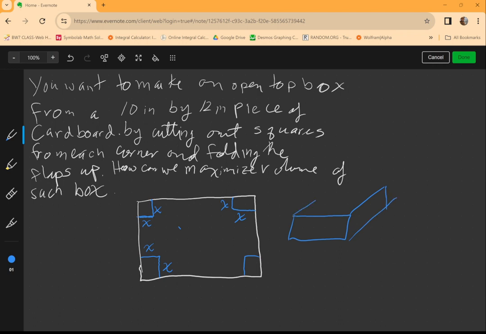And here it's up to me to decide how big these cutouts should be. Do I want something like this, or as wide as I can get, or do I want to go for some box like this? Does it even matter? Will I get the same volume here?